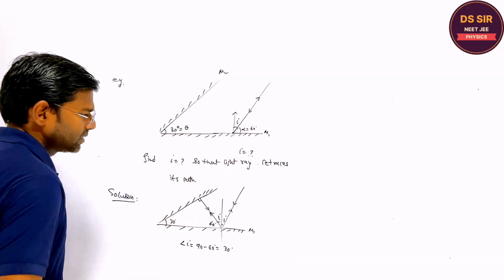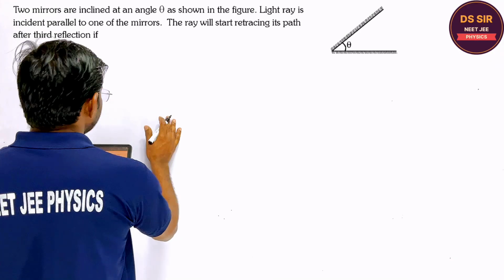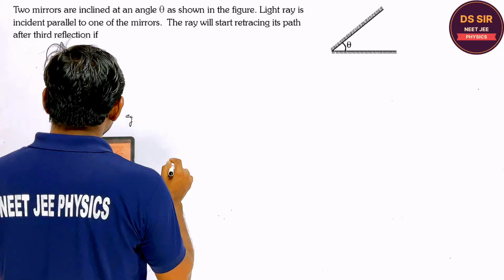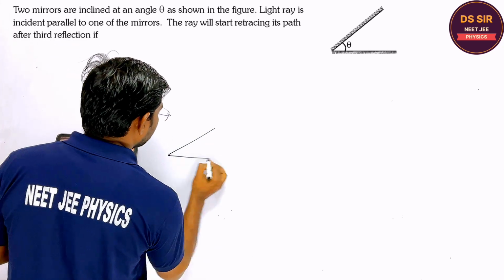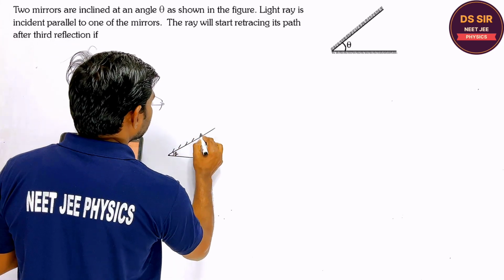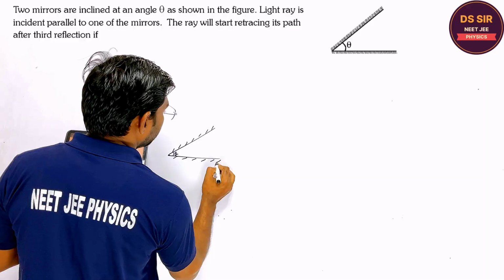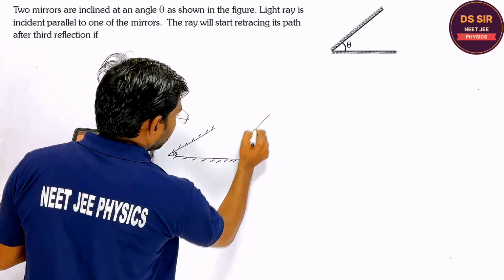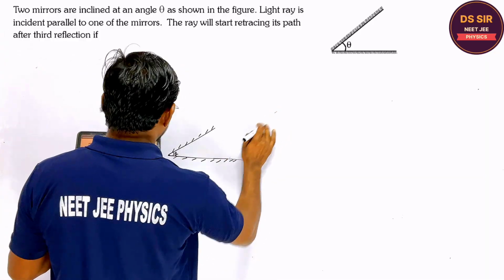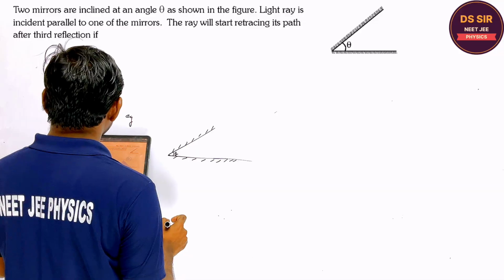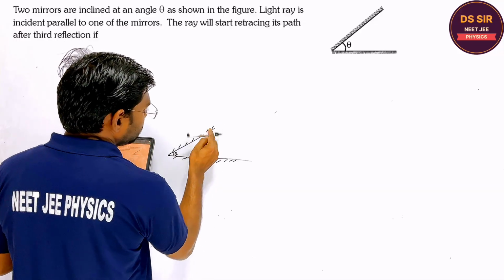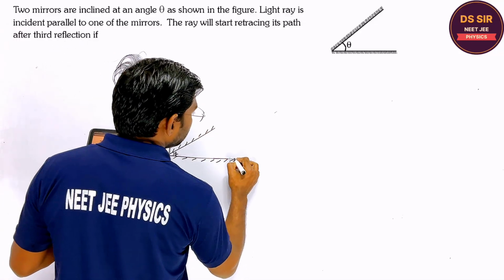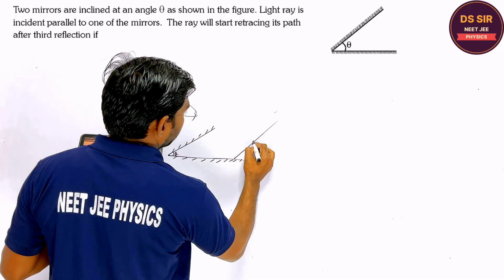Copy this. So read this question. In this question, the two mirrors are inclined at theta as shown in the figure. Suppose this is theta. These are the two mirrors, and the light ray is incident parallel to one of the mirrors. Suppose this is the mirror, so we will assume the light ray is coming parallel to this.